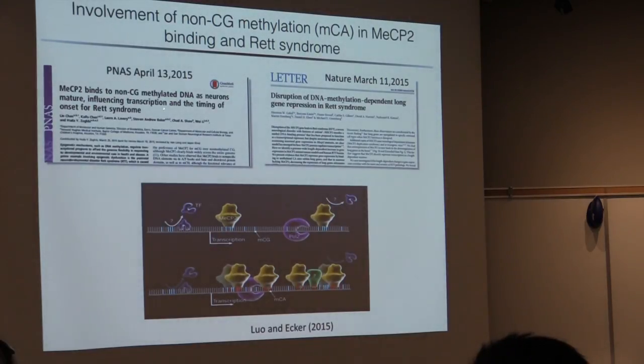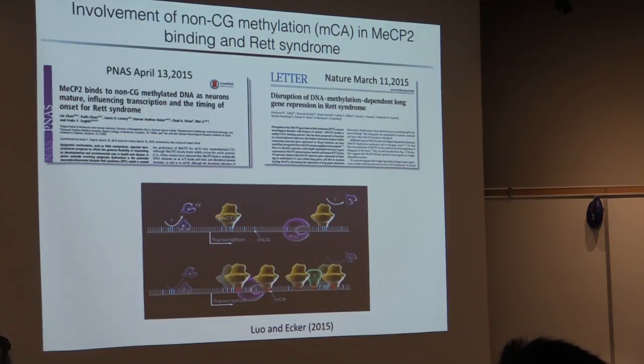And MECP2, in fact, likes to bind better to C in a non-CG context than in a CG context. This is just a model from a review that we wrote of these two papers: the idea is that the more non-CG methylation you have over a gene body, the more recruitment of MECP2, which attracts a repressor complex to this gene.